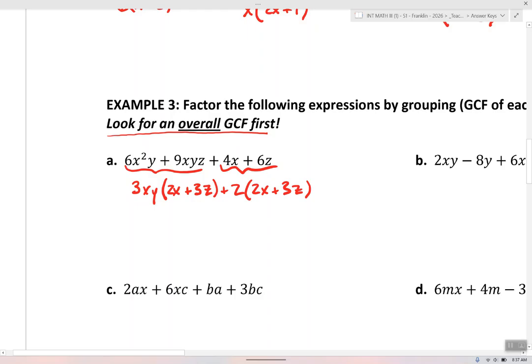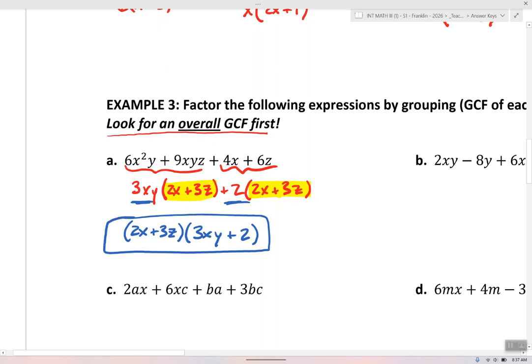Now notice, if you do this correctly, the two factors that are in parentheses should be the same. So what I can do is take that out, 2x plus 3z, and then what's left over are the terms outside. So then we have a 3xy plus 2. And that is the factored form of that 4-term polynomial there.